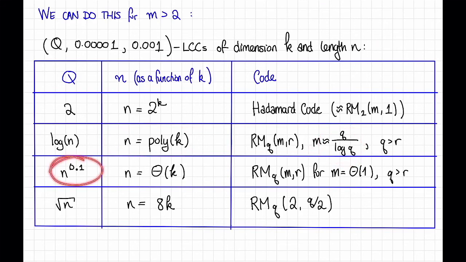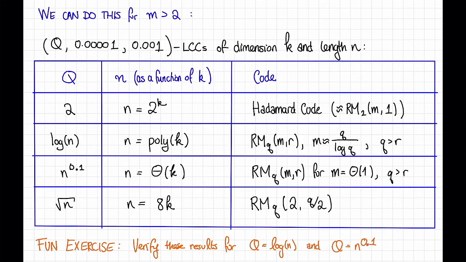If we want query complexity a little bit bigger, but not as large as the square root of n, let's say n to the 0.1 or n to the 0.001 or something like that, then we can do that with n on the order of k, some constant times k, where that constant is going to get bigger and bigger as this constant here gets smaller and smaller. And we can do that by choosing m to be some constant. I will leave it as a fun exercise for you to verify that you indeed get these results when you instantiate Reed-Muller codes the right way.